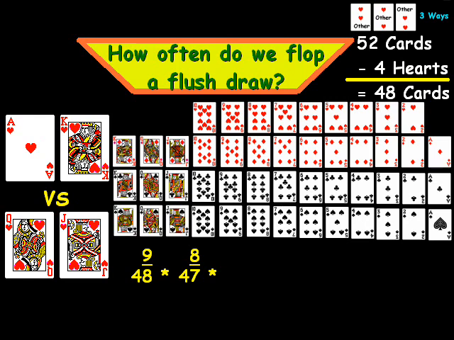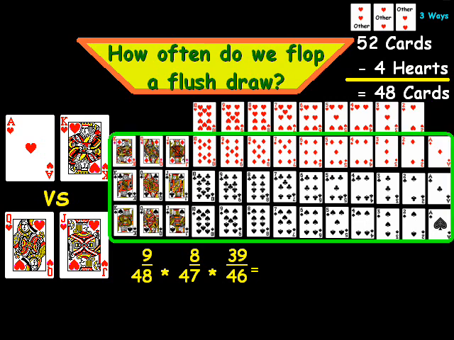And the second way is, well, we've got the 9 hearts here, you've got to subtract 1, so that gives us 8 hearts. And there's 47 cards left, not 48, because we have to account for card removal. And then the third component, again, we have 46 cards left. We have 39 ways we can't make a flush, and we have to remove the 2 hearts.